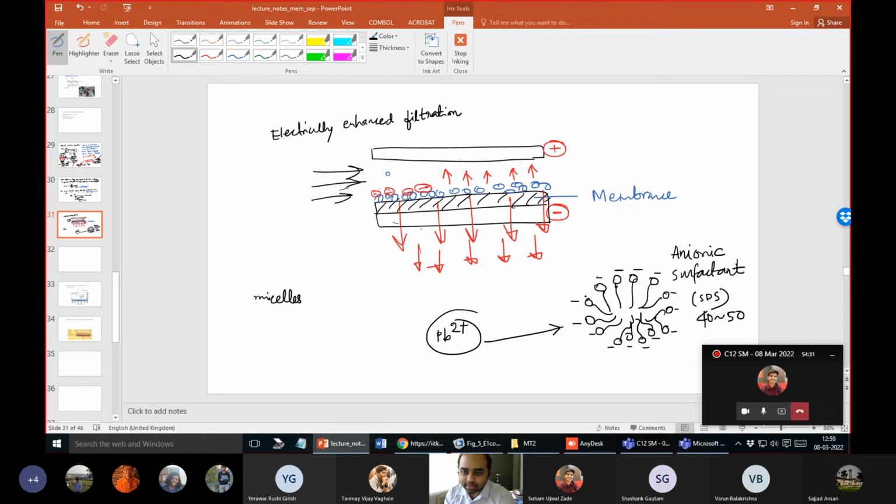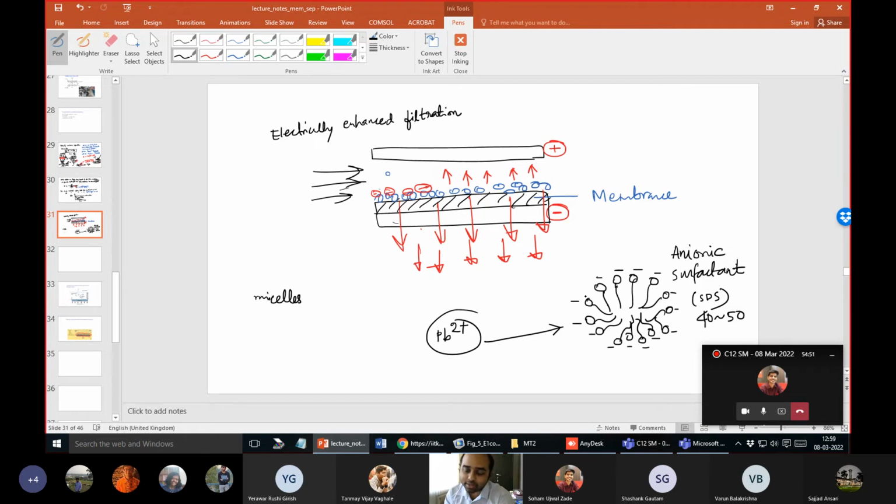Using this strategy, instead of using an RO-based membrane, I use a more open system like an ultrafiltration membrane, where the flux is high because the permeability of ultrafiltration membranes is high. So I can use this to remove lead, but in a slightly different way.